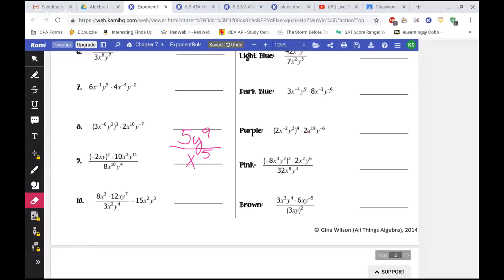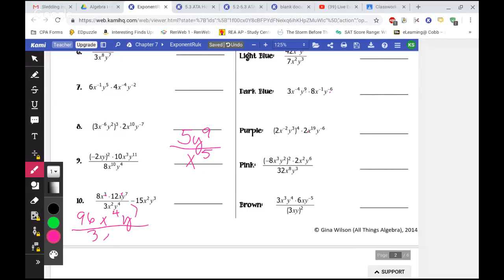So all right, so on number 10, once again, we've got an 8 and a 12 being multiplied. So we're just going to handle that like we would any other integer. And 8 times 12 is 96. And now we've got an x cubed being multiplied by an x with an understood exponent of 1. So we're going to add the exponents. So 3 plus 1 is 4. And then we've got a y to the 7th.